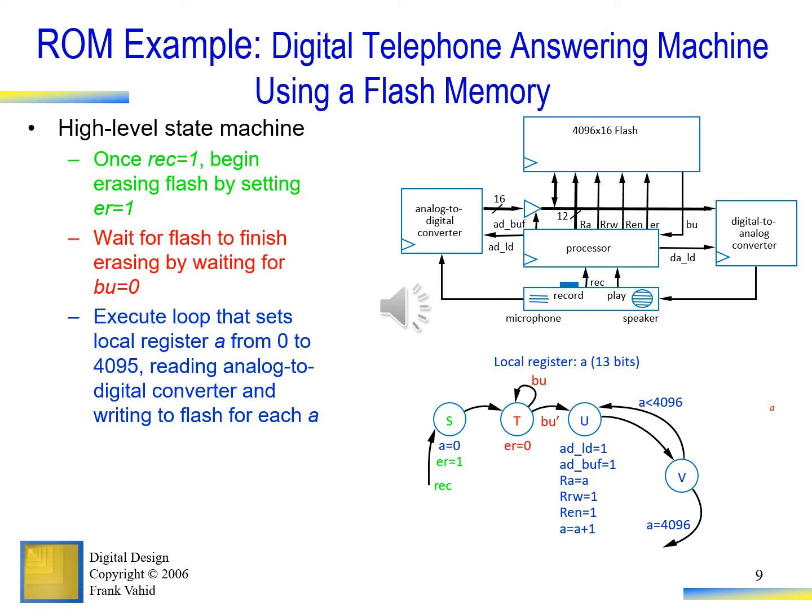Over here the A to D load is 1, A to D buffer is enabled. There is an address at the ROM address. The write signal will be 1 and ROM will be 1. Each time A is incremented, and as long as A is less than 4096, the data is written into the flash memory. The high-level state machine is very similar to the RAM, except there is an erase button also, so you can erase the data from the ROM.